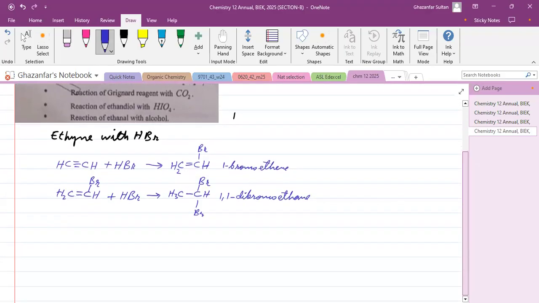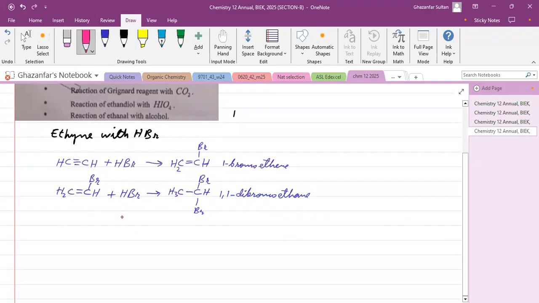Another way of writing this reaction is like this, because most probably the paper would be taken on e-sheet, so there would be little space given there. The limited space is given, so you have to manage your answer in that space.